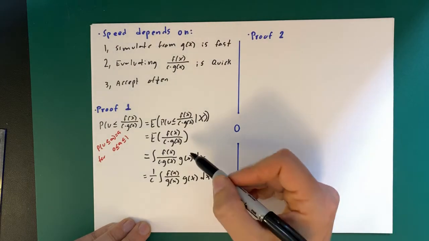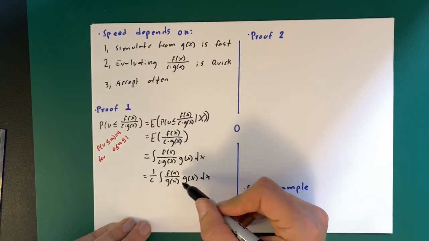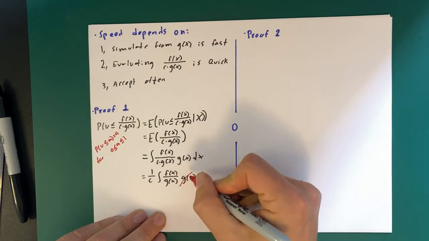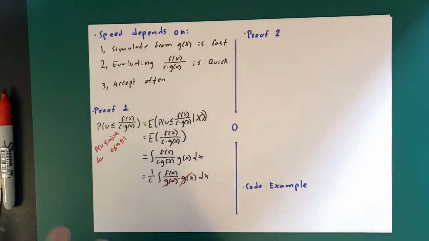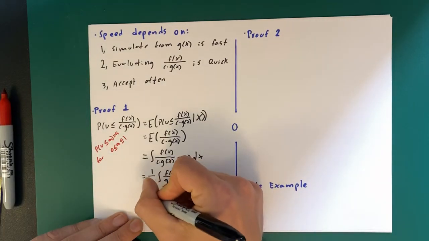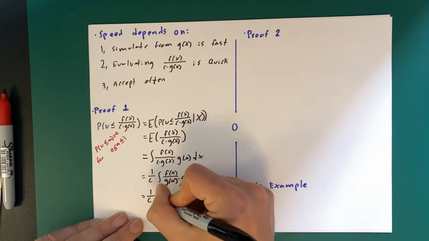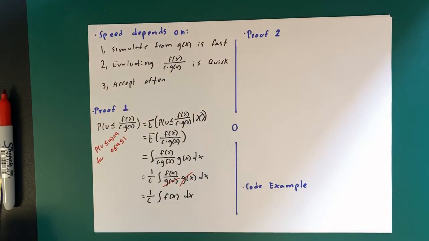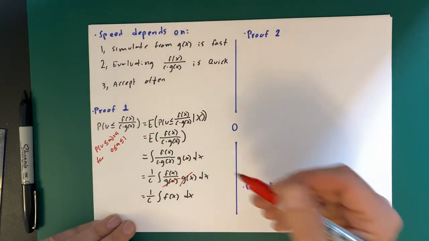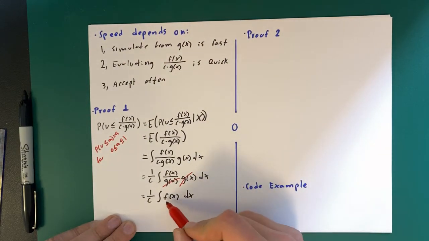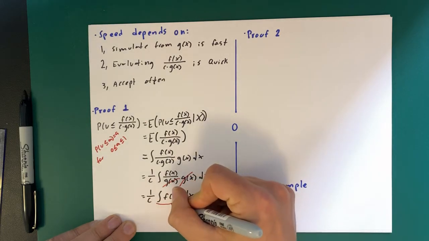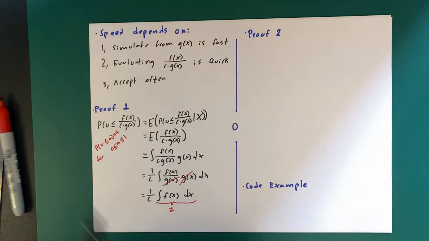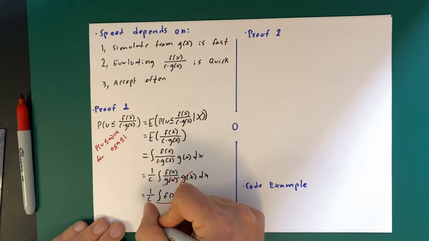But then we might notice that the g's will cancel out, and we'll have 1 over c times the integral of f(x) dx. With a clever little trick, we might recognize that the integral of the density is always going to be 1, it's just a probability measure. What we're left with is 1 over c.